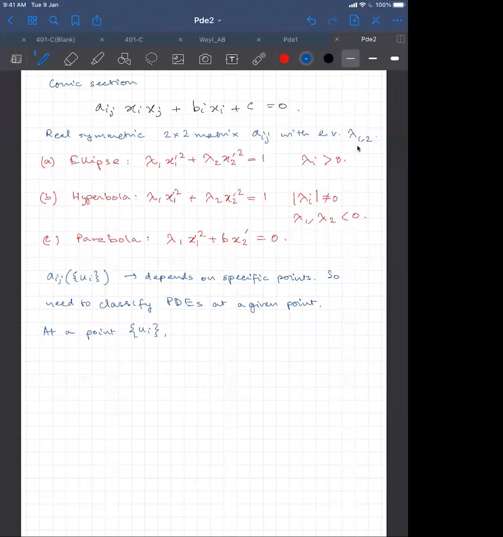This particular PDE that we started off with is, number one, elliptic if all eigenvalues of A are non-vanishing and of the same sign.